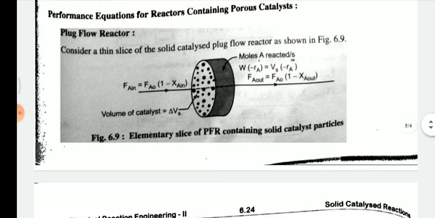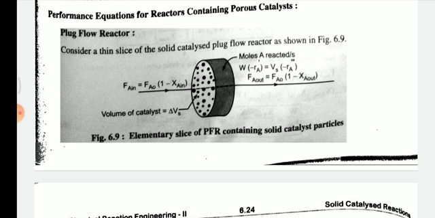Okay, so a plug flow reactor. Fa in, mole fraction is Fa0 into 1 minus Xa in.